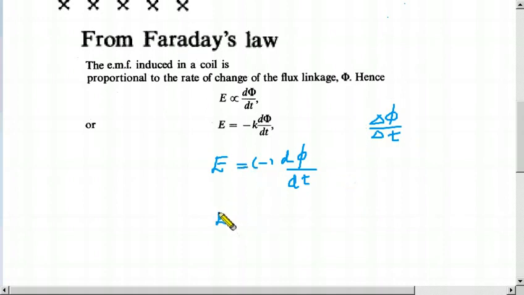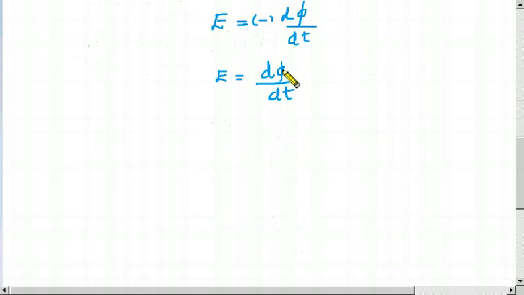Also, we are answering this multiple choice question, MCQ. So here they don't check the method how we found the answer. Therefore we don't have to write the negative sign. So just let us write d phi by dt or delta phi by delta t. What is d phi?